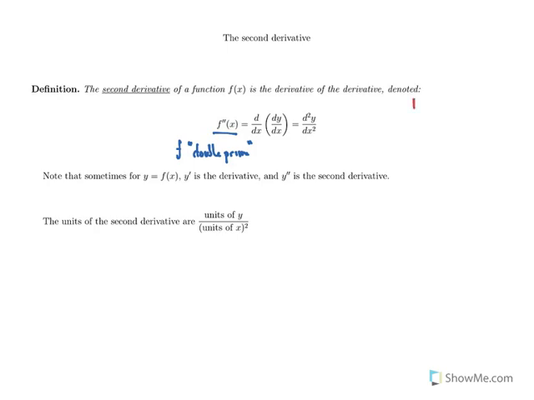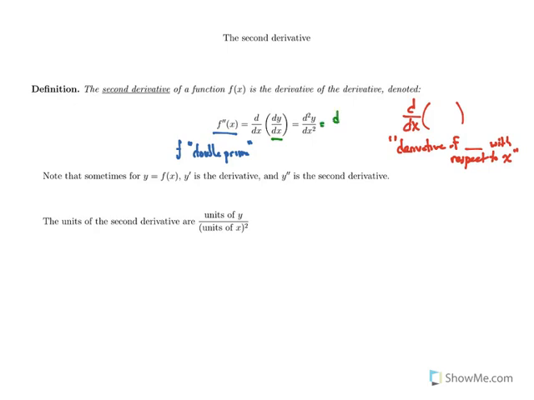So we said that d dx of something means the derivative of with respect to x. So we are taking the derivative of the derivative. And note that the notation compounds. So if we have d dx of dy dx, we can see that there's kind of like 2 d's, so we're going to say d squared y dx squared.